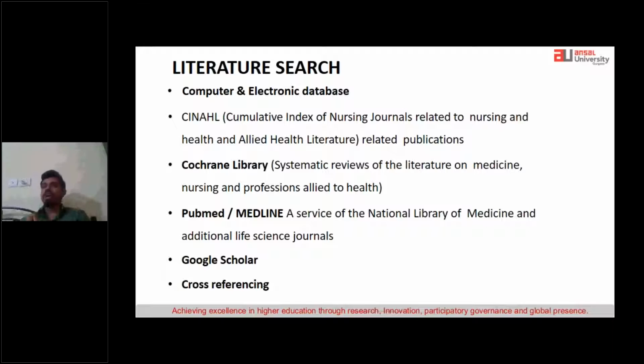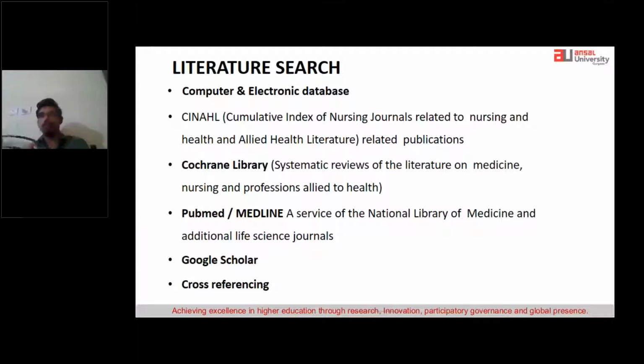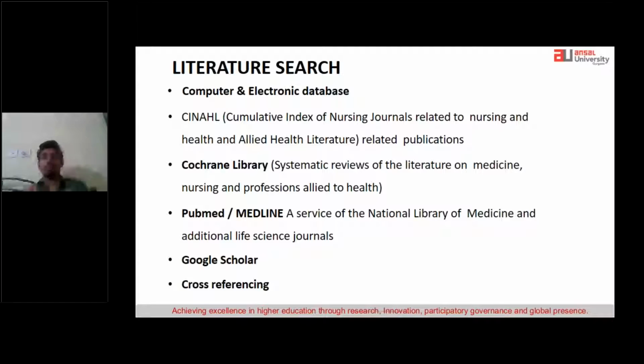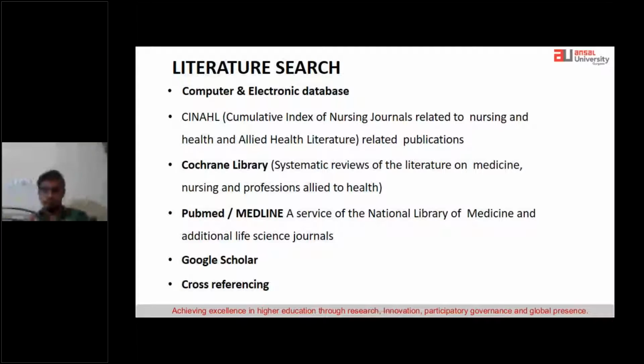At the back of that article there will be references, around 18, 20, 25 references which they have documented. You can find articles from those references, because they are related to your topic. So you can take those references, search those papers and read them. This is called cross-referencing, and that's how it helps you find more and more articles relevant to your topic.